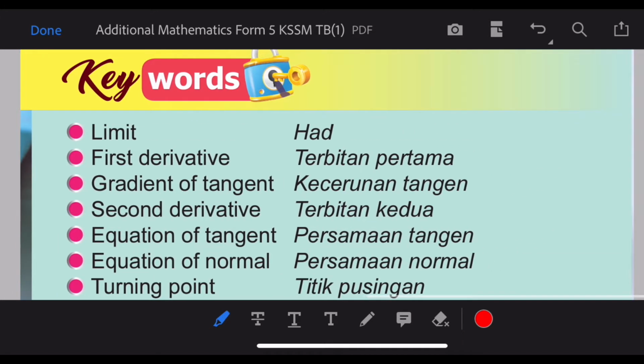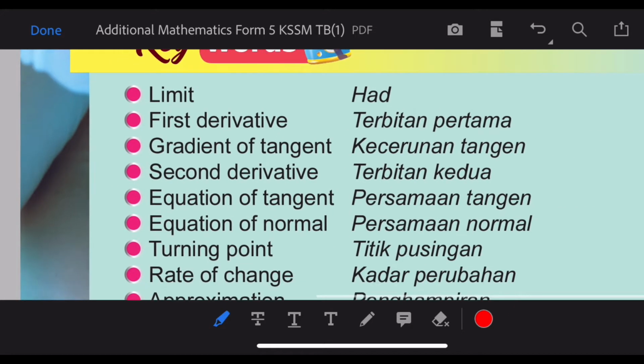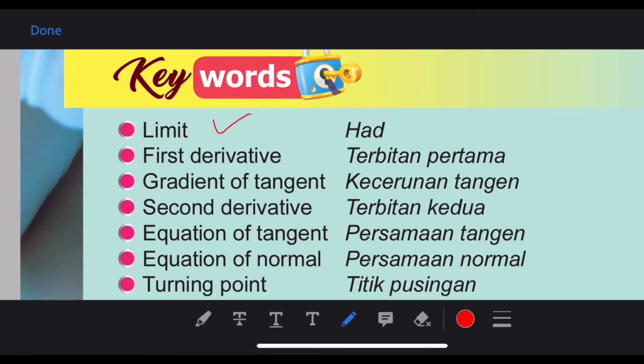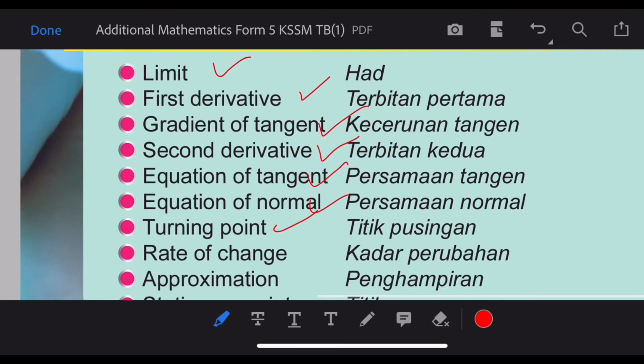For this topic we will focus on a few keywords. Examples are limits, first derivative, gradient of tangent, second derivative, equation of tangent, equation of normal, and turning point. All these are important keywords.